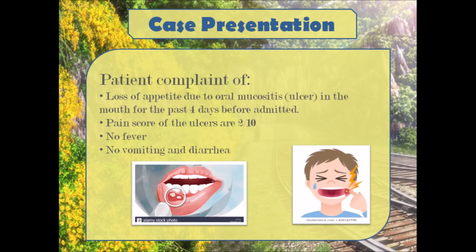During the interview, patient complained of, firstly, loss of appetite due to oral mucositis, which is ulcer in the mouth, for the past 4 days before admitted. Secondly, the pain score of the ulcers is 2 out of 10. Then, no fever, no vomiting, and no diarrhea.